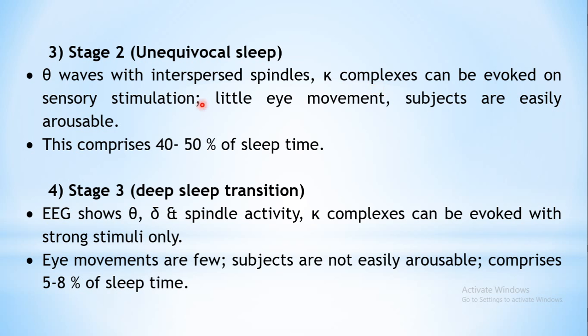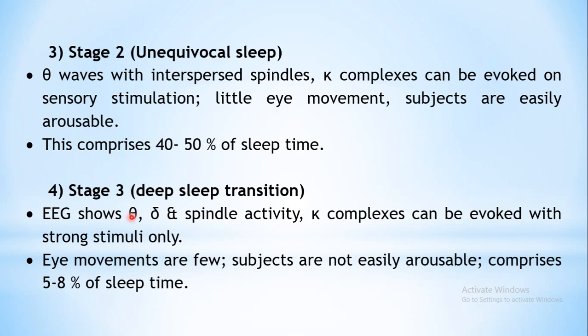Like if you touch that particular person or try to move that person, then the kappa complexes will be evoked. Eye movements are still reduced and the person is easily arousable. You can wake up that person very easily, and the total time spent in this particular stage is 40 to 50%.